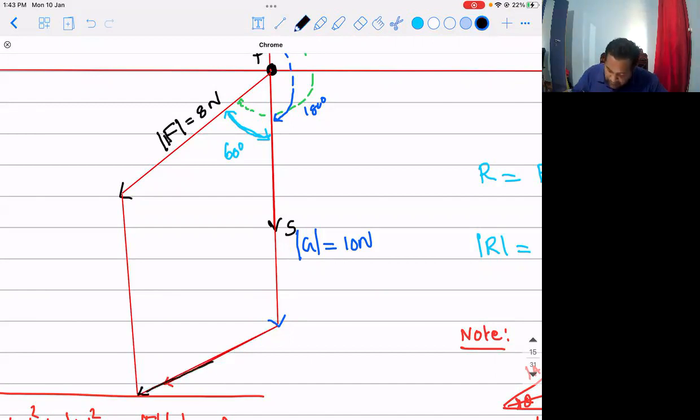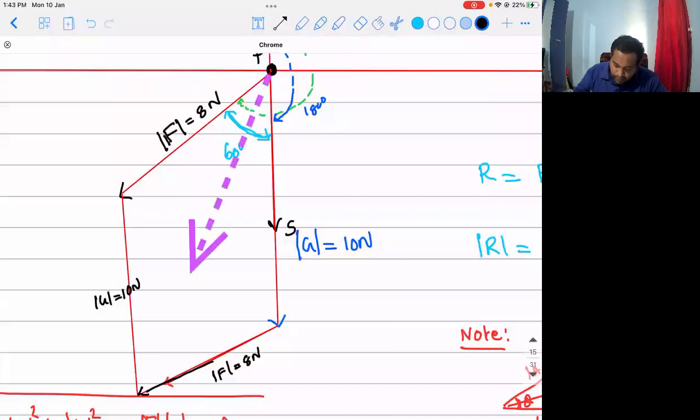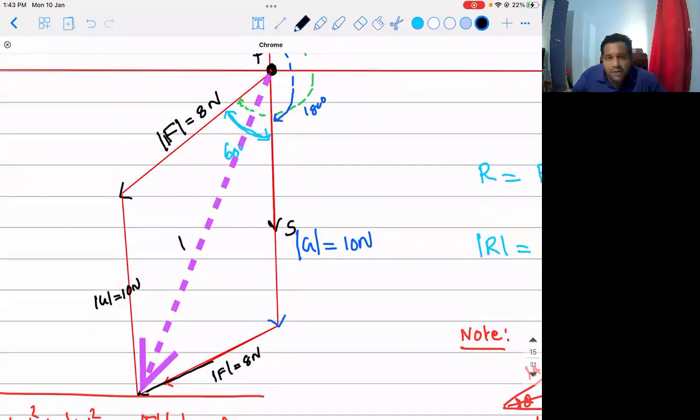So that means its modulus is also F, right? So this is also 8 Newton. This is modulus of G, and that is 10 Newton. And the resultant is acting something like this. So this is resultant. And the modulus we already got, that is 15.6 Newton.